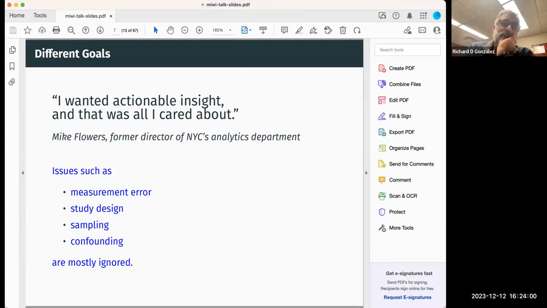So he didn't care about whether it was correlational data, or whether the data was a representative sample, or whether the controls were in place. He simply said, "You have all this data on people in New York City. Give me things that I can act on, that I can create policy about." And all the things that we're trained as scientists to think about, like measurement error and study design and sampling and confounding, all that gets ignored in data science.